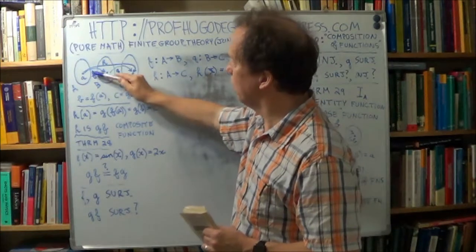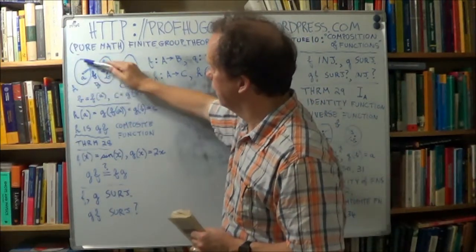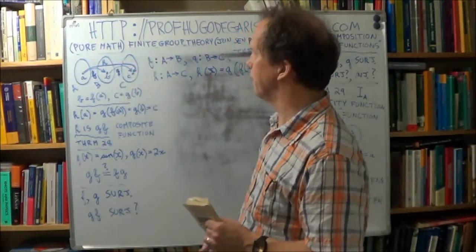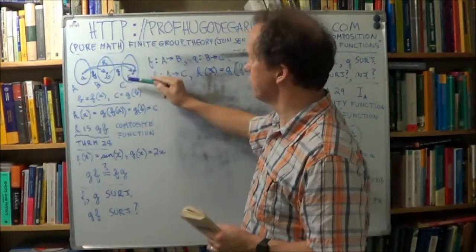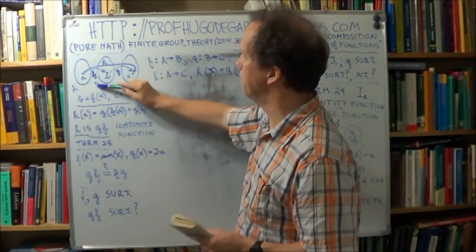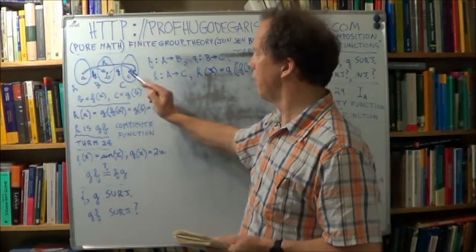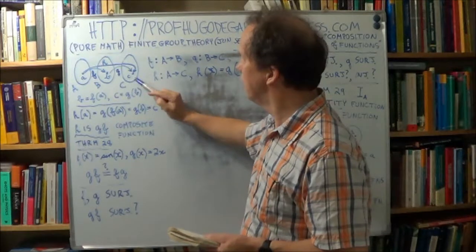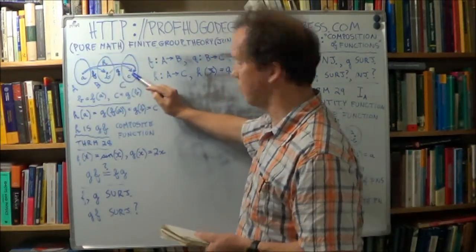Now f maps all elements from set A into B, and whatever B is, g is also a function, so it will take all members of big B and map them into C. So we have a unique mapping from A to C, only one, because f goes to only one element, and from there g goes to only one element.